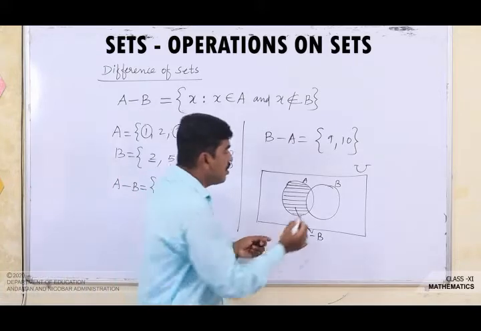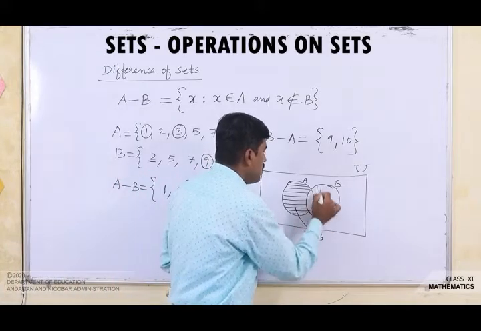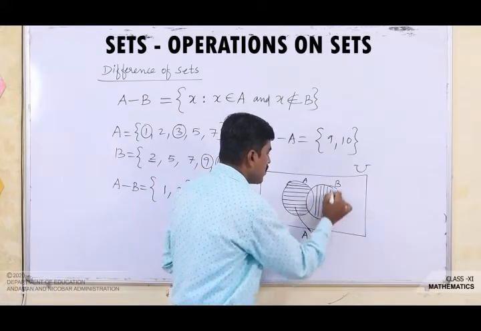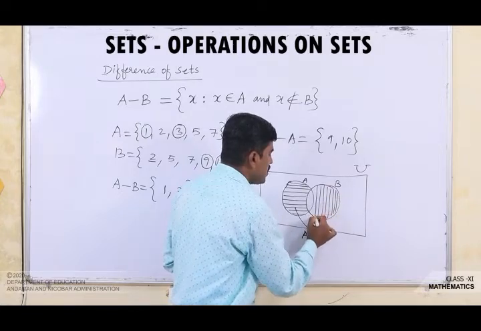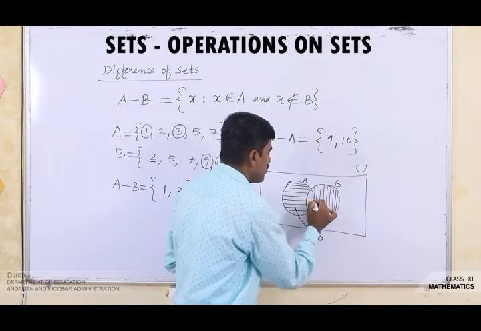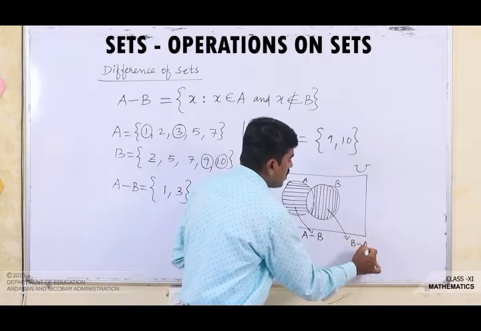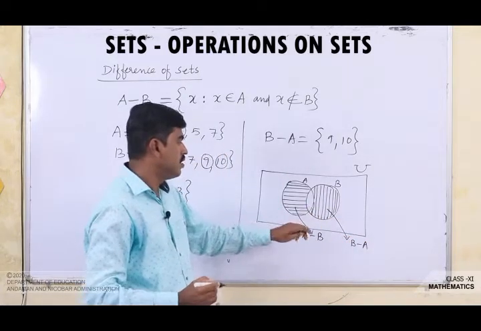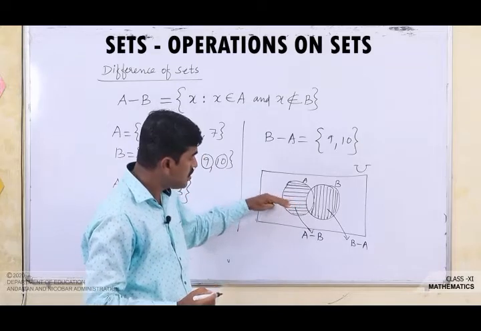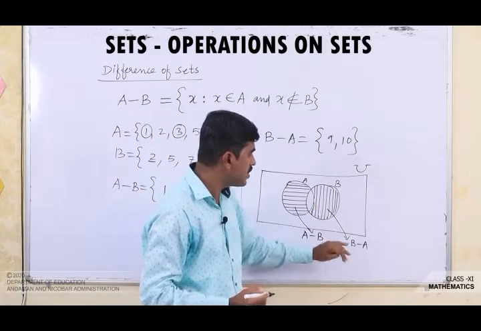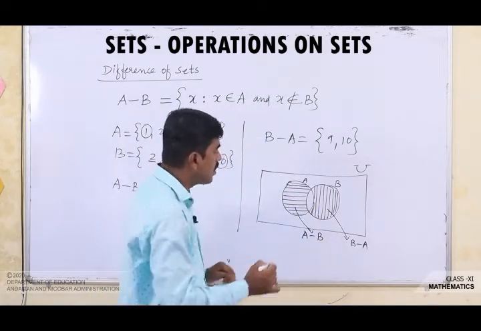Similarly, if we shade this region, then we will get B minus A. It is only B. The horizontal line shaded is A minus B and the vertical line shaded is B minus A. Okay.